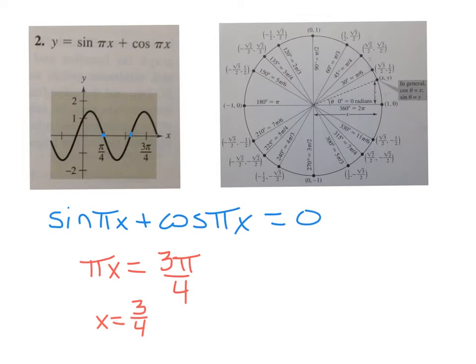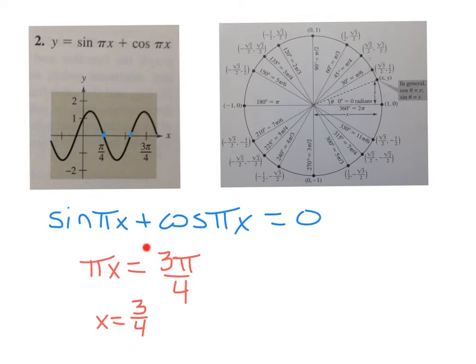Okay, so again, you can always plug in values to check them. If we say 3/4 works, and again, the reason we took 3/4 is because 3 pi over 4 gives us a negative radical 2 over 2 and a positive radical 2 over 2. So if we plug this back in, it'd be 3/4 times pi, which would be 3 pi over 4.